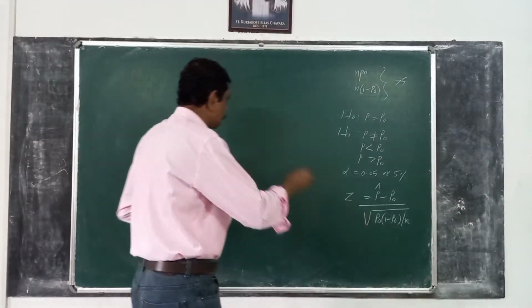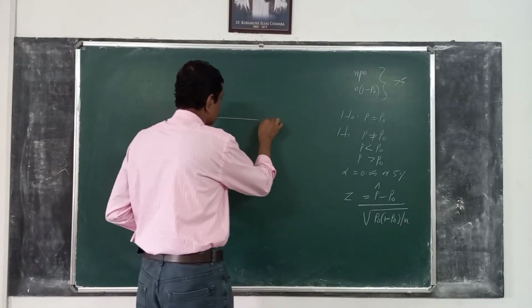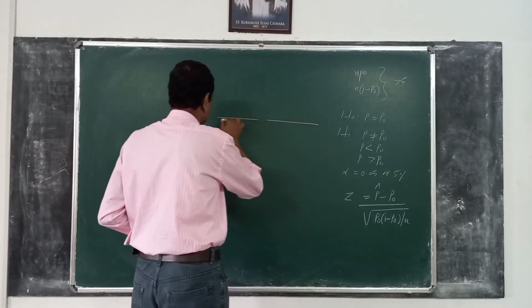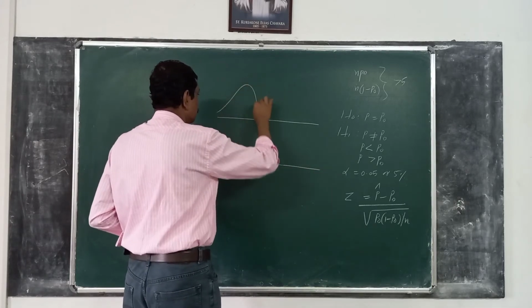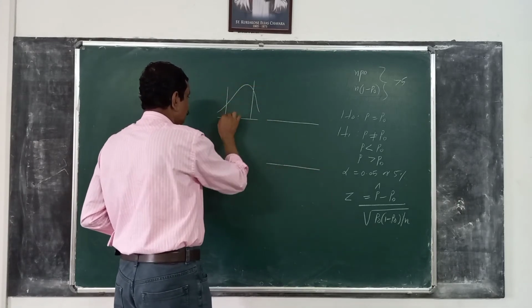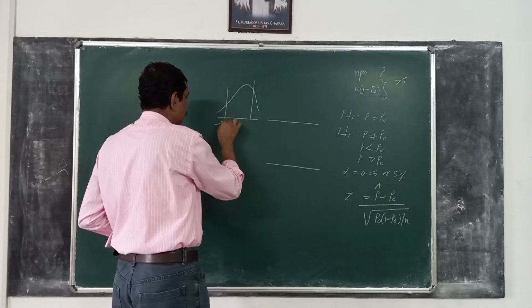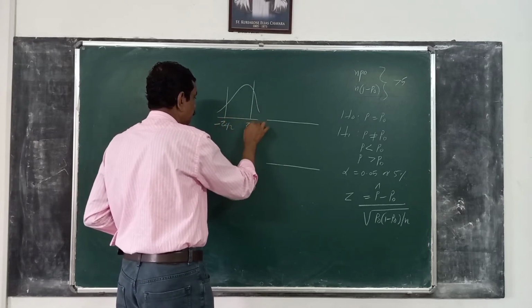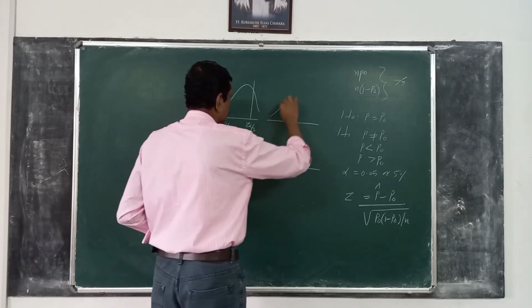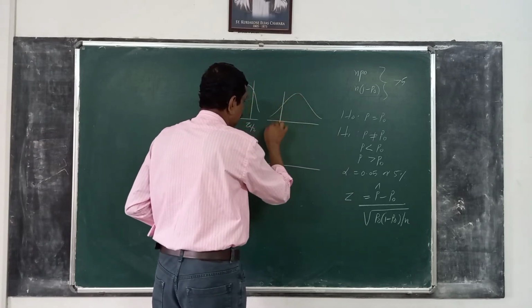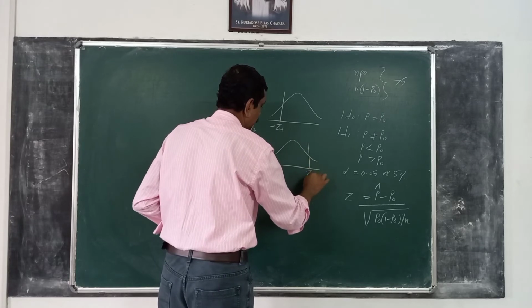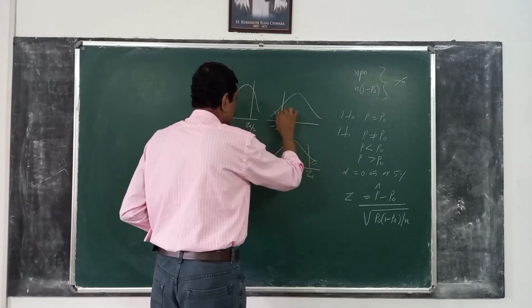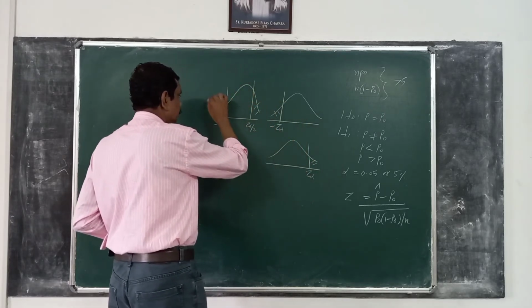Now the critical values are minus Z alpha by 2 and Z alpha by 2, or minus Z alpha, or Z alpha, giving the critical regions.